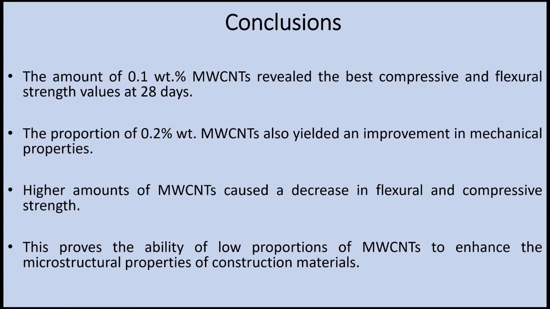Also, the proportion of 0.2% of multiwall carbon nanotubes yielded an improvement in mechanical properties, but higher amounts of multiwall carbon nanotubes cause a decrease in flexural and compressive strength. So this study proves the ability of low proportions of multiwall carbon nanotubes to enhance the microstructural properties of construction materials.